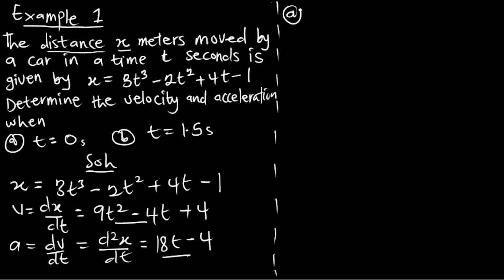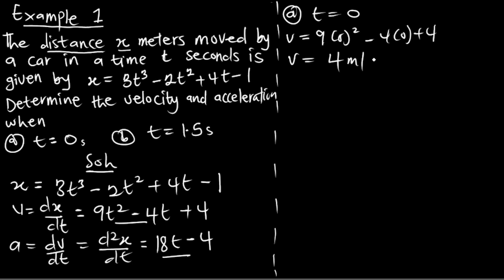So first, at t equals 0, our v is going to be, this is the equation, 9(0) squared minus 4(0) plus 4. Very good. And with this, our velocity is going to be 4 meter per second.